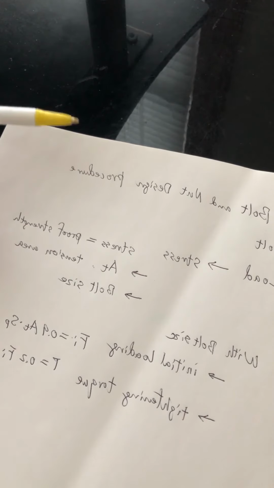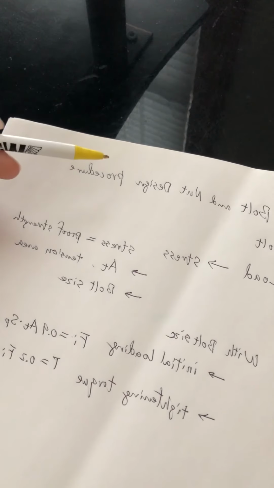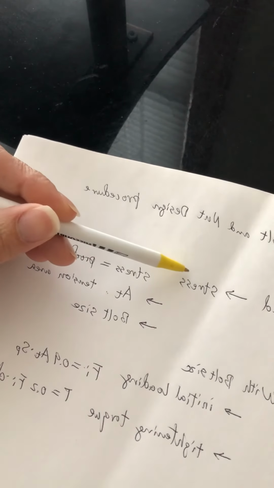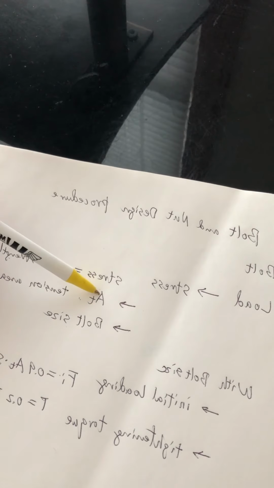So in a problem where you know the load, how big a bolt you need to use, that's how we do it. First you calculate the stress because you know the load, and then the stress equals proof strength, and then you will have the tension area, because stress is equal to load divided by area, so you can find out the area.